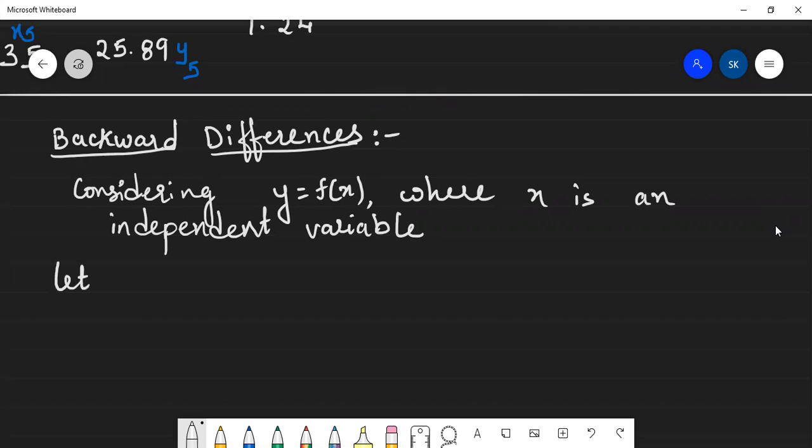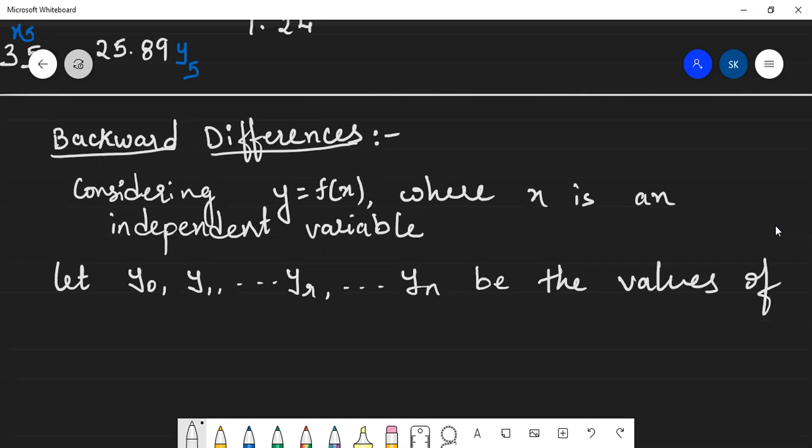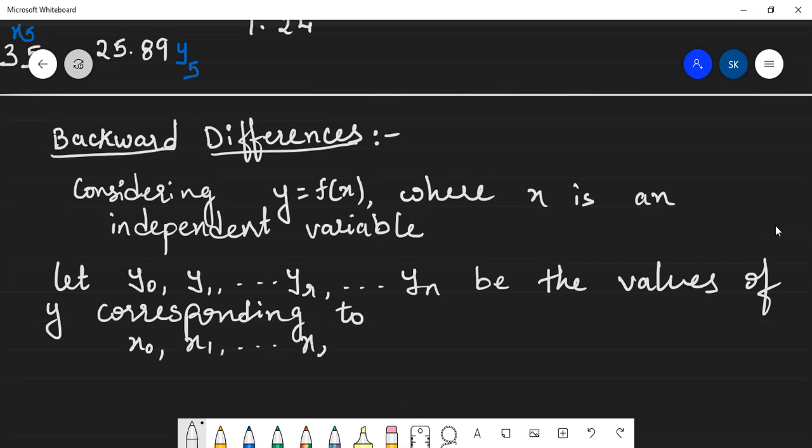So I'll take y0, y1, so on, yr, so on, yn to be the values of y corresponding to the x values x0, x1, so on, xr, so on, xn of x respectively.